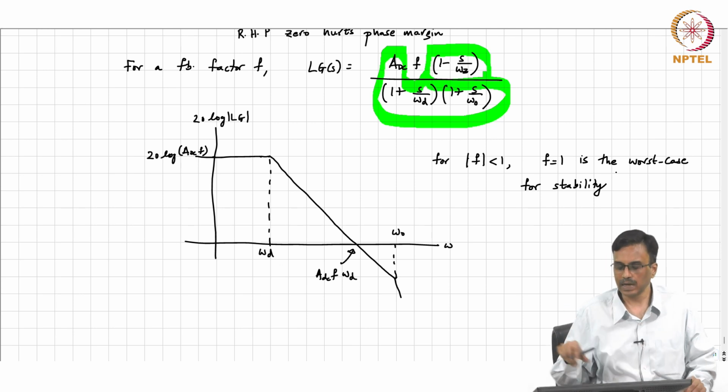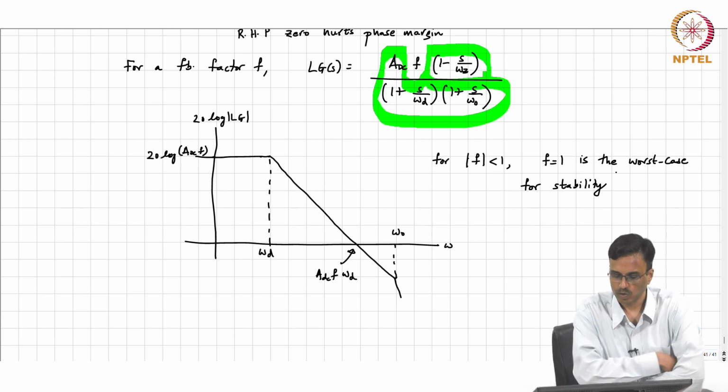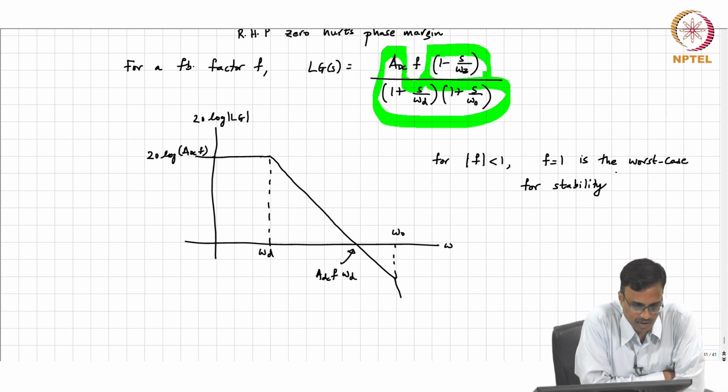In many data sheets you will find the following description: the op amp is unity gain stable. When they say unity gain stable, it means that it is stable even with a feedback factor of 1.